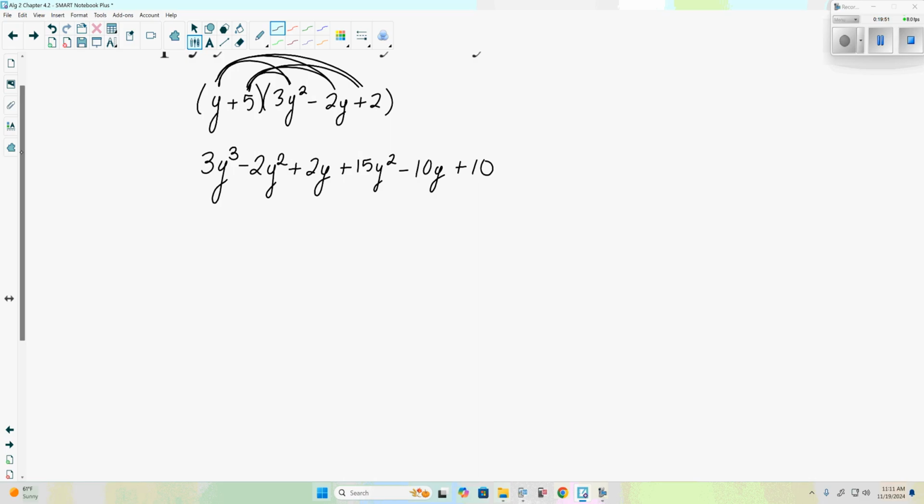Now at this point, we can combine like terms. We'll start out with our variable with the biggest exponent, which is our y cubed. 3y cubed does not have any like terms, so it just stays 3y cubed. Our next one is our y squared. Negative 2y squared plus 15y squared is going to be plus 13y squared.